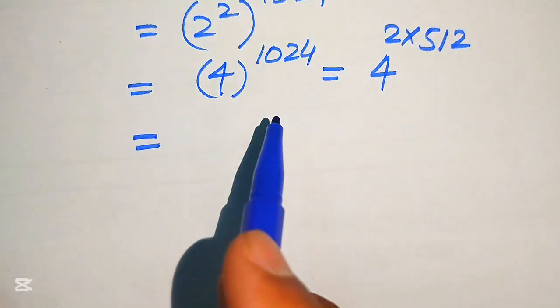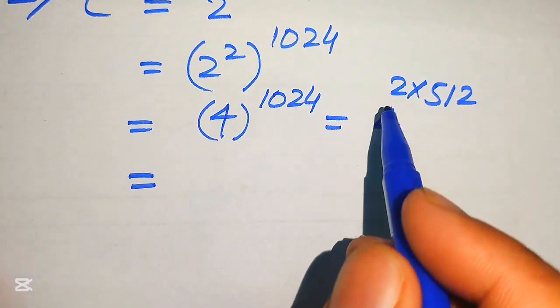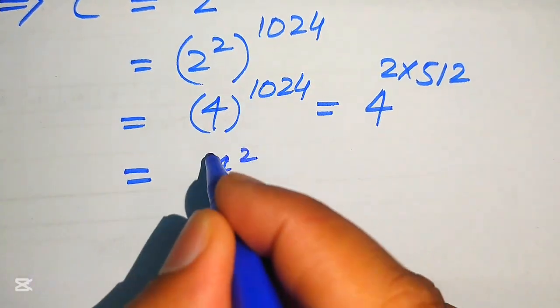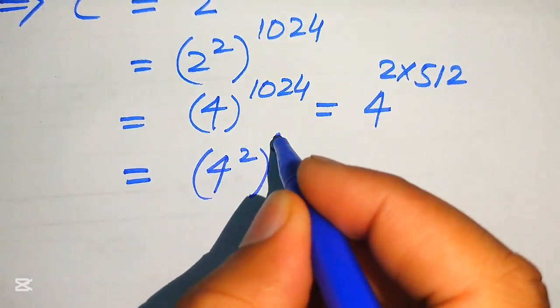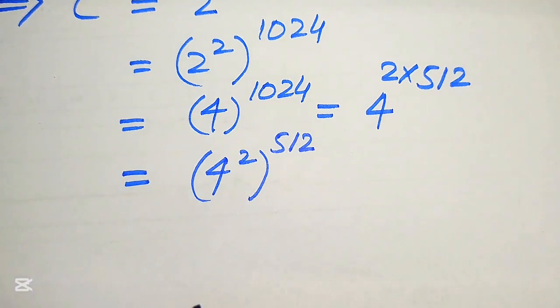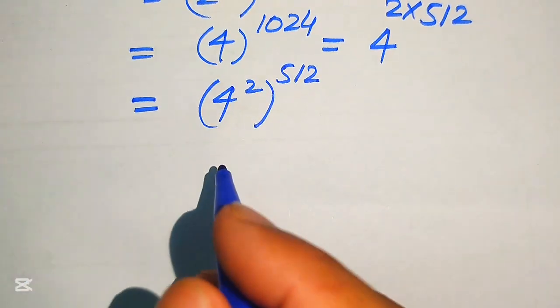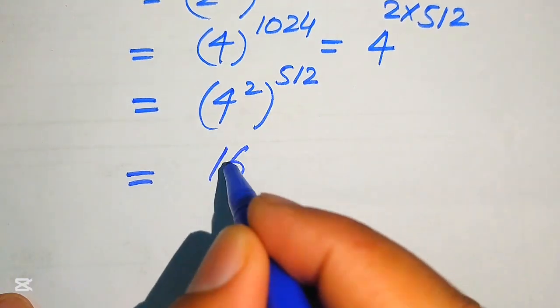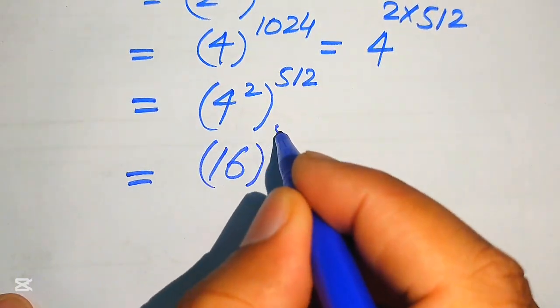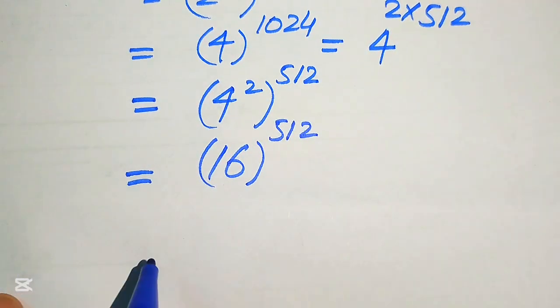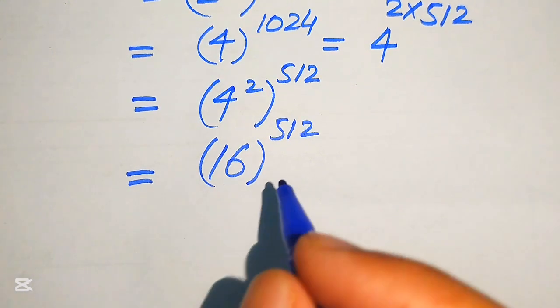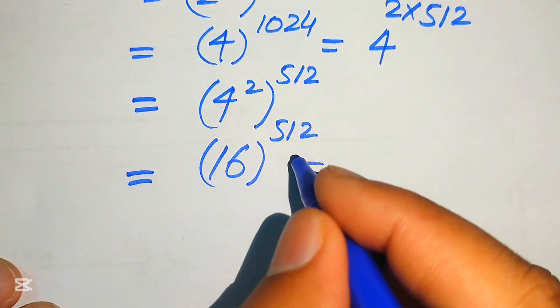According to the above exponent law, we move this 2 inside the term and it will be written as 4 squared and its whole exponent is 512. In the next step, this 4 squared is equal to 16 and its whole exponent is 512. And now we again focus on the exponent of this term.